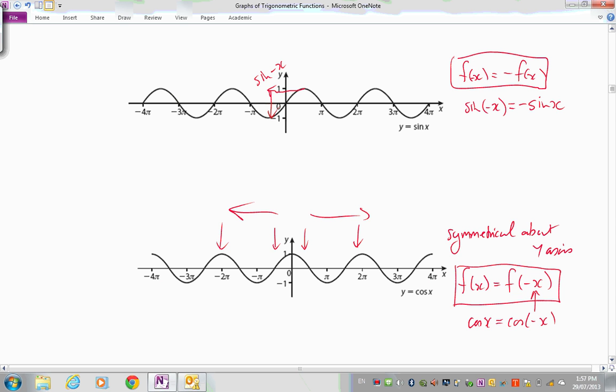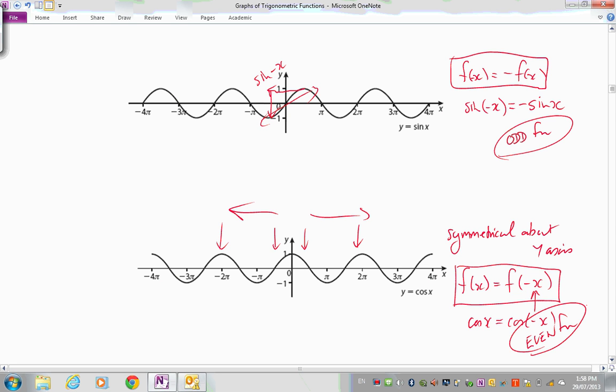So a function that behaves like that is called an odd function, because we have, if you like, diagonal symmetry about that O point, where the function is symmetrical about the y-axis is called an even function.